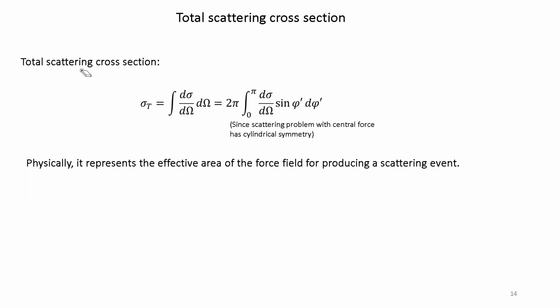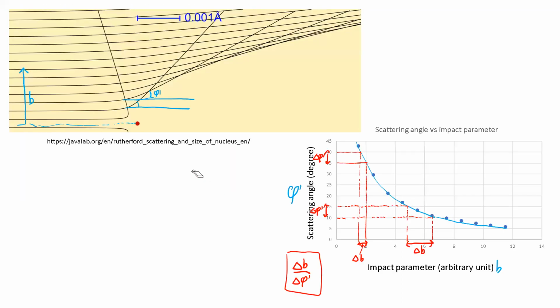scattering cross section. Physically, what it represents is the effective area of the force field for producing a scattering event. So what does that mean? If I go back to this picture, I have an example later that will be clearer. But look at this picture again. You're firing a shower of particles, and they are all being scattered in the sense that the scattering angles are non-zero.